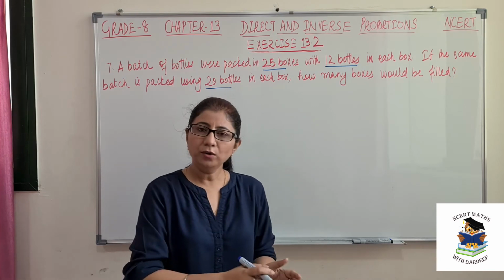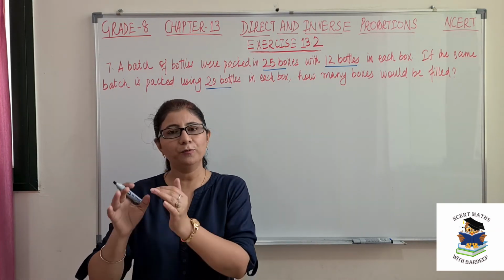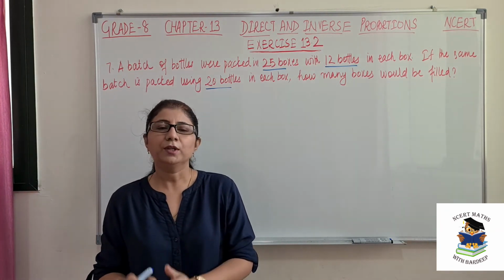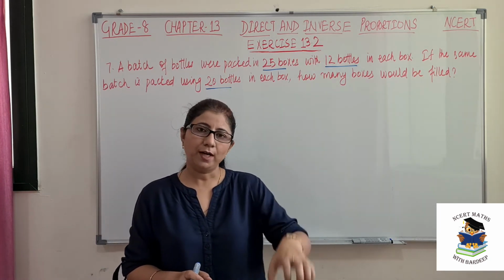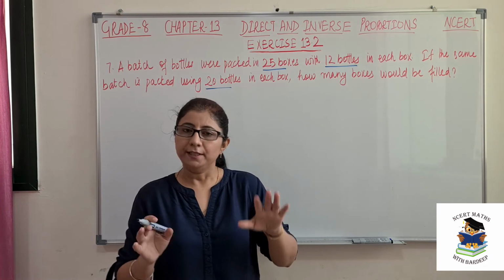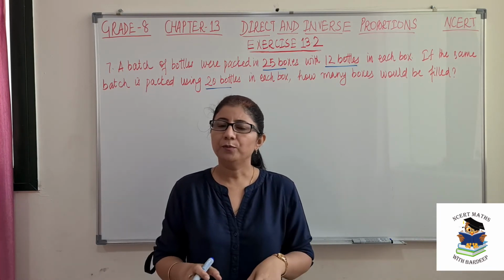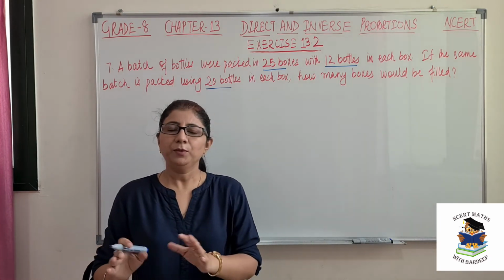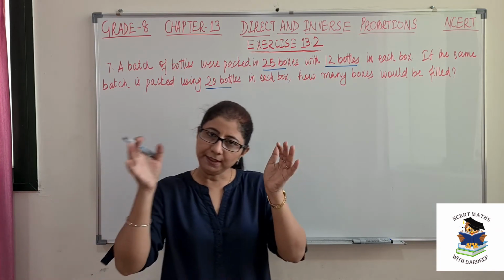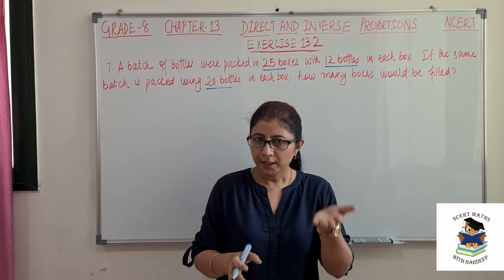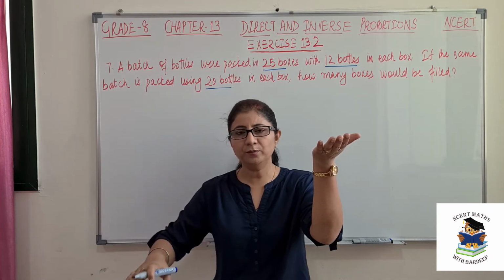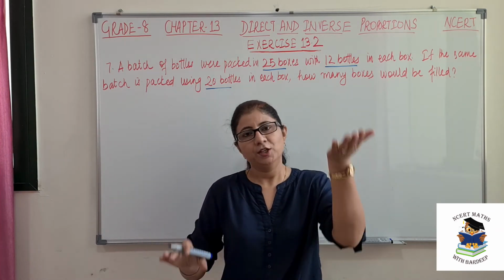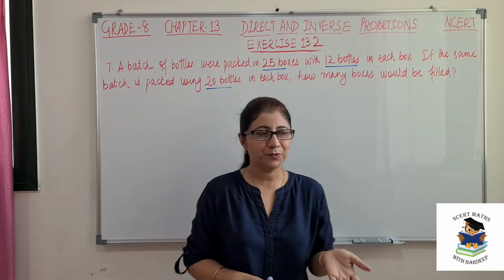Now they are increasing the number of bottles in one box. If the number of bottles in one box is increased, definitely the overall number of boxes will be less, because now more bottles are coming in the same box. So the data is in inverse proportion.